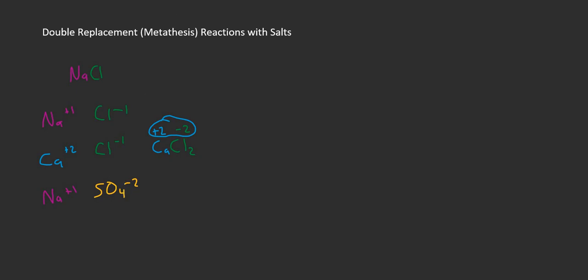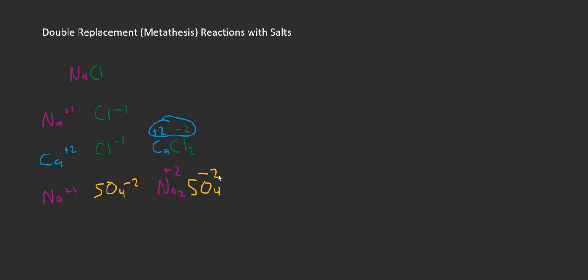So that means we would bring a 2 down in front of the sodium. So our final product would look like Na2SO4, because we have 1 sulfate ion with a -2 charge, and we have 2 sodium ions, each with a +1 charge, which gives you a total of +2.